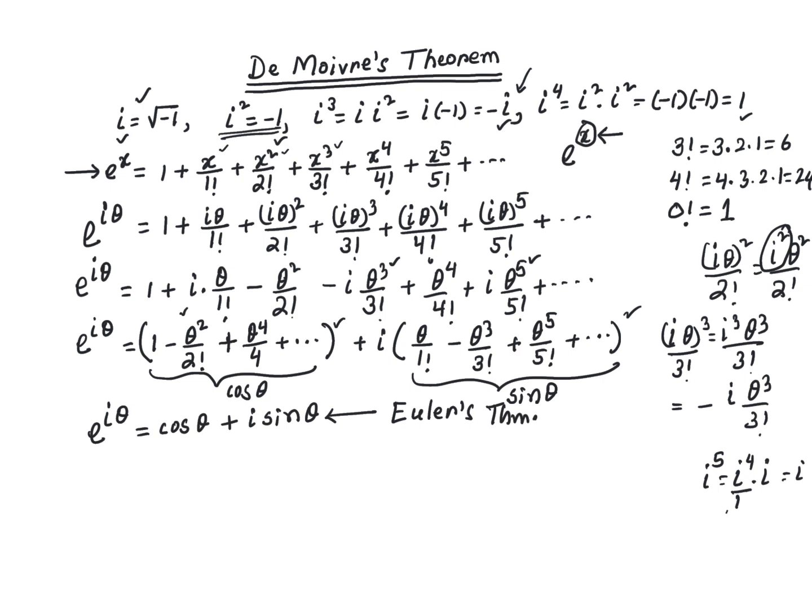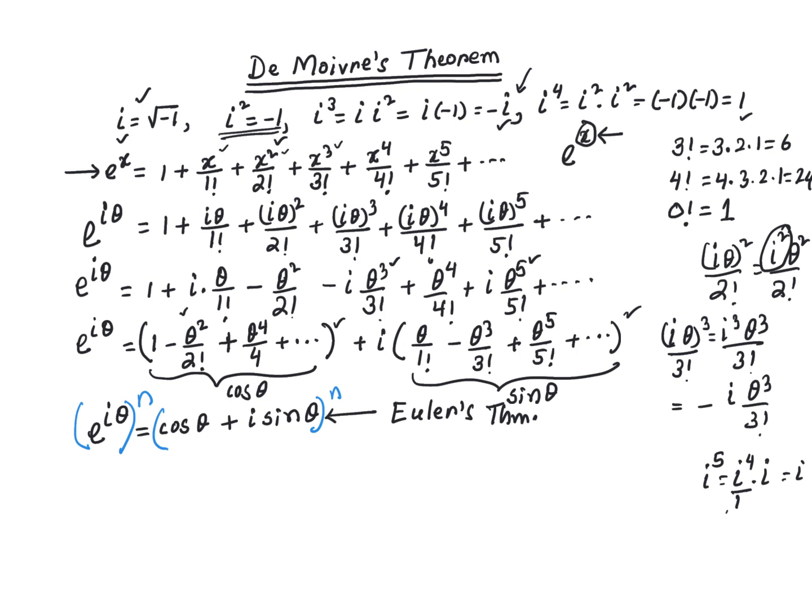Now I'm going to take Euler's theorem, which I just derived, and derive de Moivre's theorem. So I'm going to take this and raise both sides to the power n, where n is a positive integer, for simplicity.